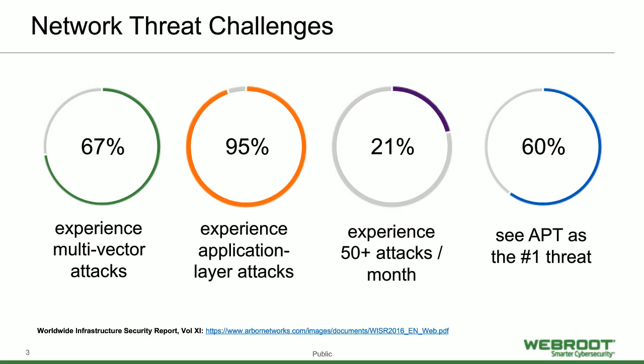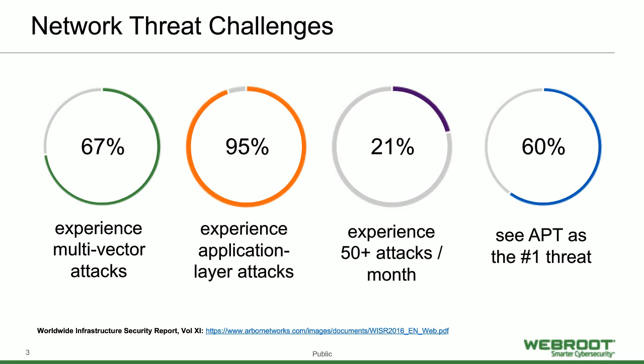seeing. And some of the trends that we see are many customers, 67%, are commonly seeing multi-vector attacks. Multi-vector means all the different ways a bad guy is going to try and get into your system, from email, as Nick mentioned, finding things on a disk or a USB stick these days, downloading things from the web.